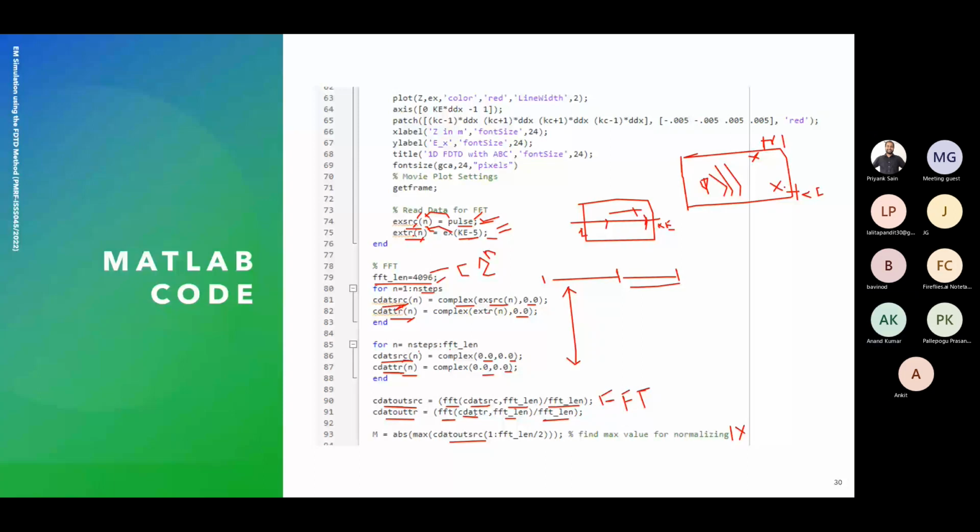The excitation that you were feeding at the antenna could be your source. Any follow-up questions, Ankit?